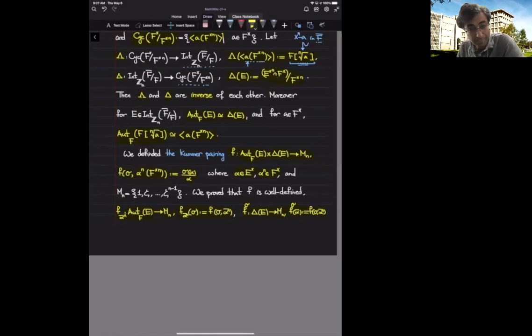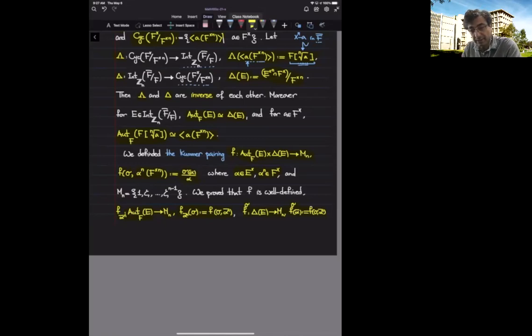Of course, again, there are many issues here. For instance, I have to say why this value only depends on the coset that's represented by alpha to the n. Here it means that what happens if I choose different alphas that give me the same coset? Do I end up getting the same quantity, the same value on the other side?